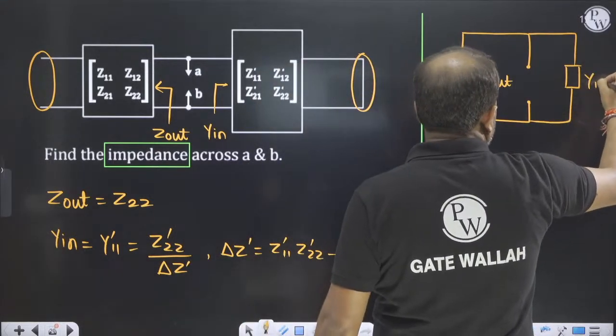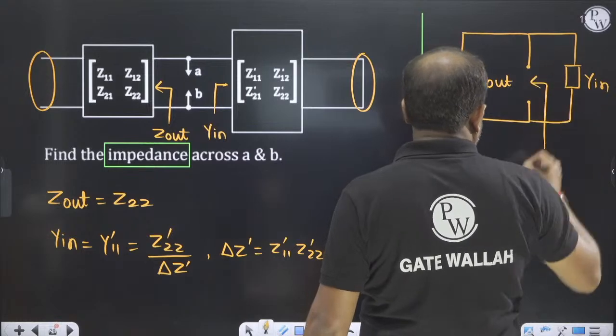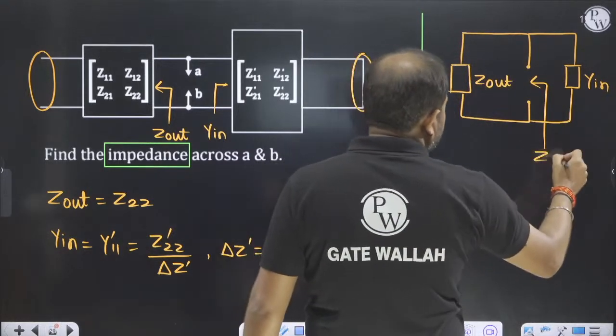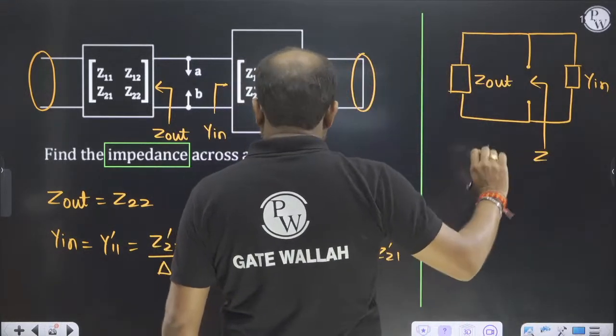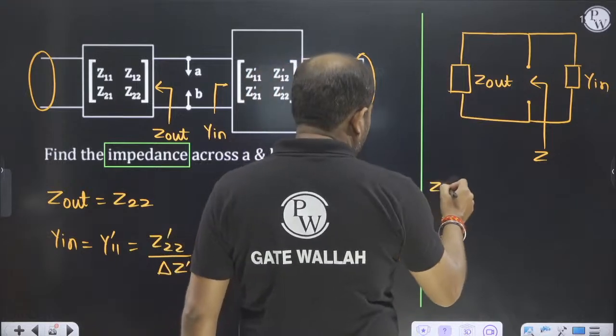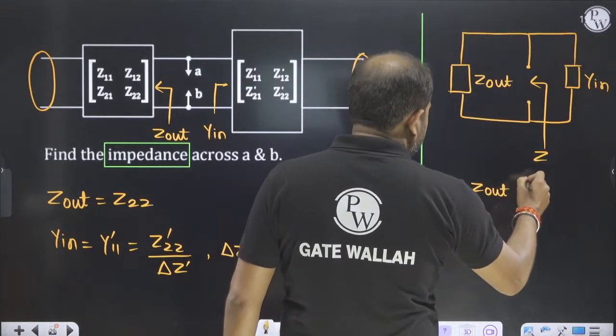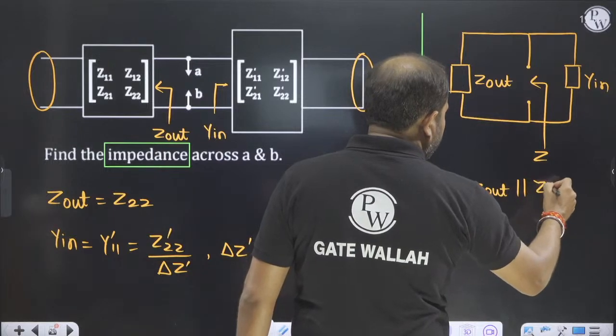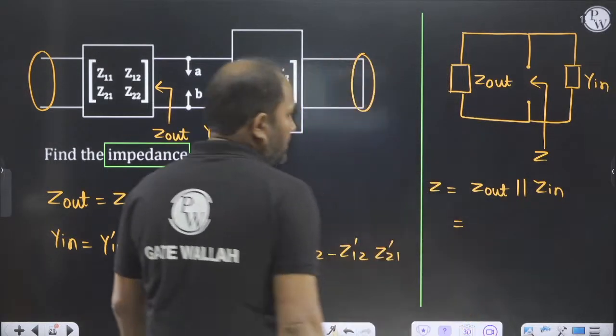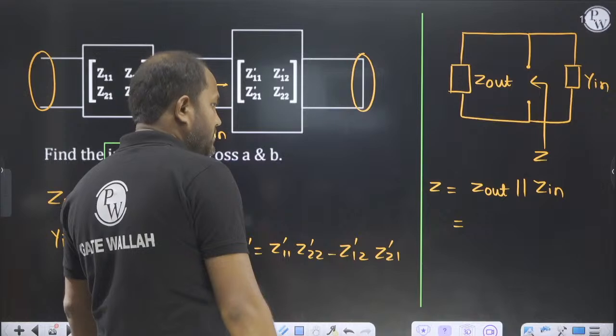So you will find out they are asking Z input impedance. Z is nothing but Y out parallel with Z in.